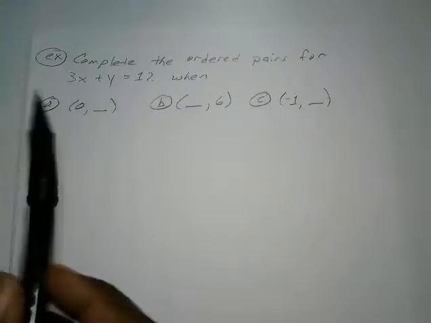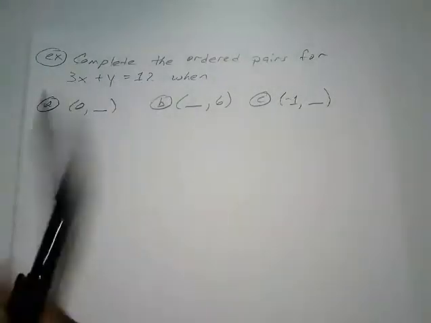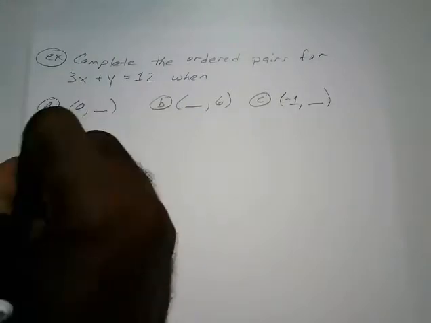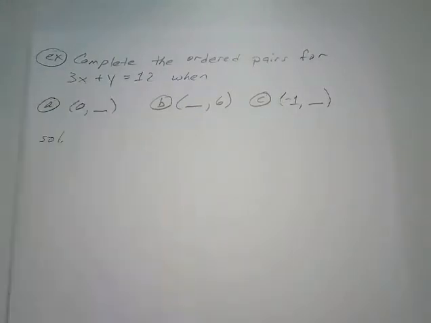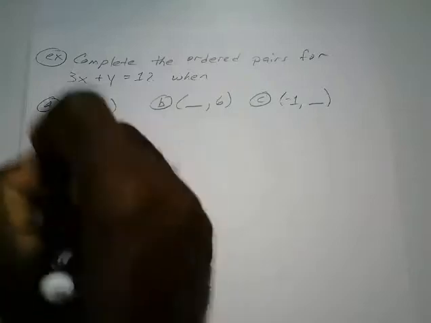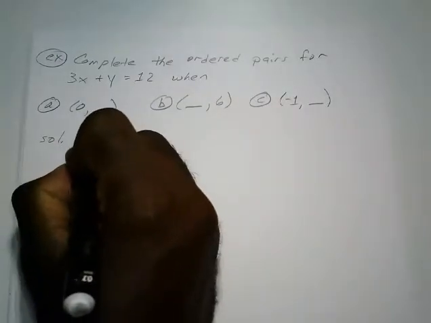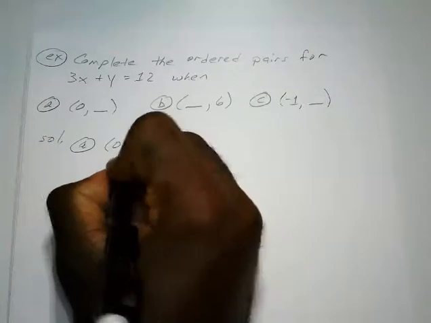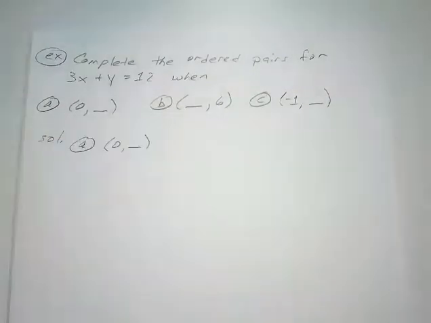All right, so whenever they give you an equation, but only one element of your ordered pair, you plug in the one element that you know and solve for the one that you don't. Okay, so let's say for A, we have 0 and some unknown.